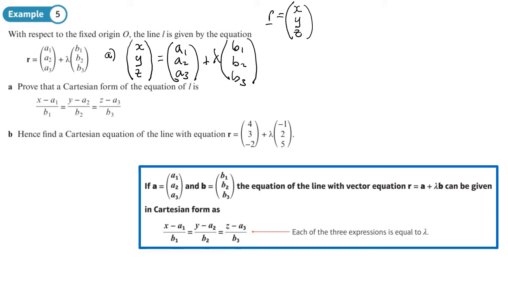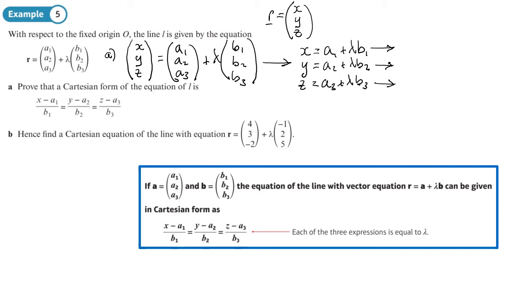Okay, let's multiply out each row, or write the equations for each row. So the top row is going to give us x equals a1 plus lambda b1. The second row is going to give us y equals a2 plus lambda b2, and the third row is going to give us z equals a3 plus lambda b3. Now let's rearrange these to make lambda the subject, and we're pretty much done.